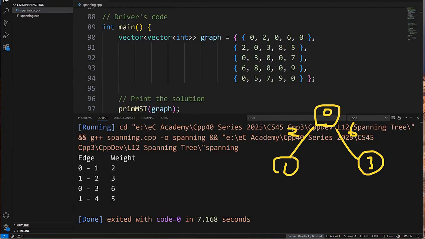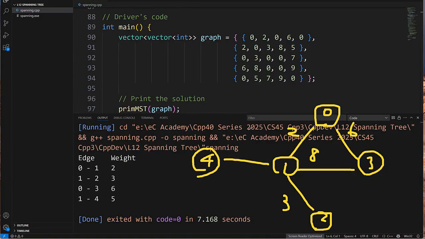Node 1 goes to 0 with weight 2, also goes to node 2 with weight 3, to node 3 with weight 8, and to node 4 with weight 5. Node 2 goes to 1, and also goes to 4 with weight 7.